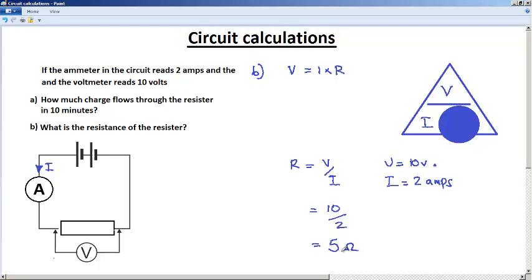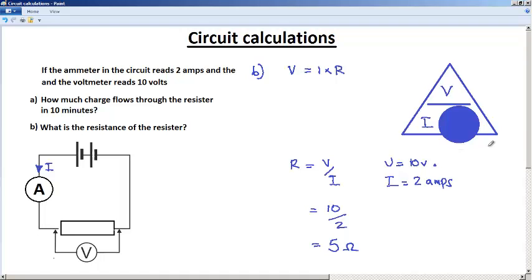So, repeat again. First stage, read the question. Look at the information. What have you been given? What do you not know? What do you need to find? Next, what's the formula that the examiner is looking for? In this case, it's Ohm's law. Write down that expression.